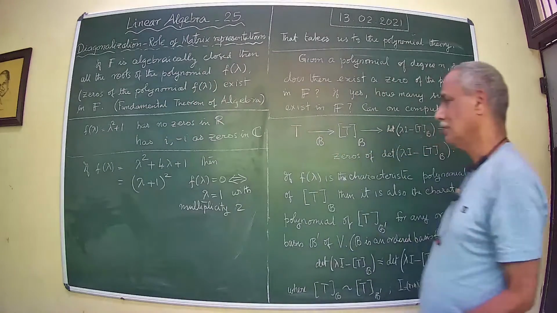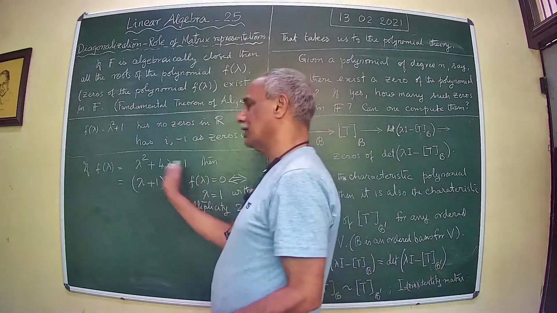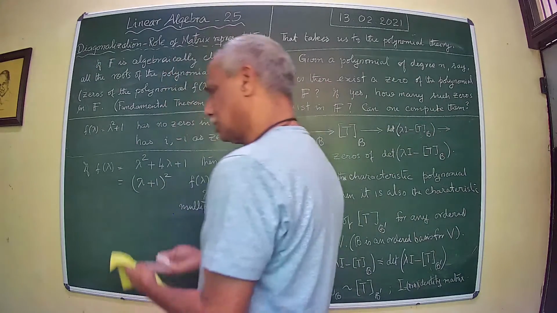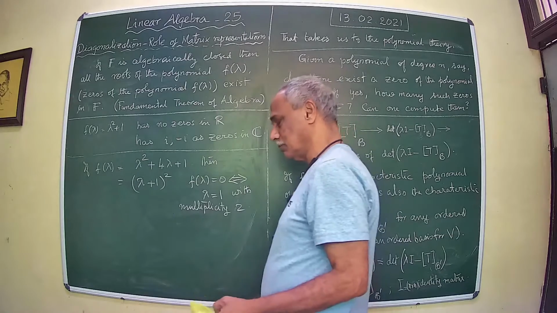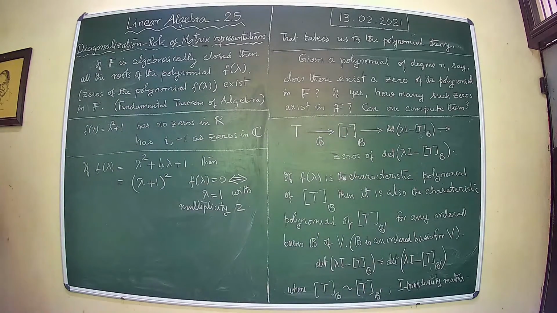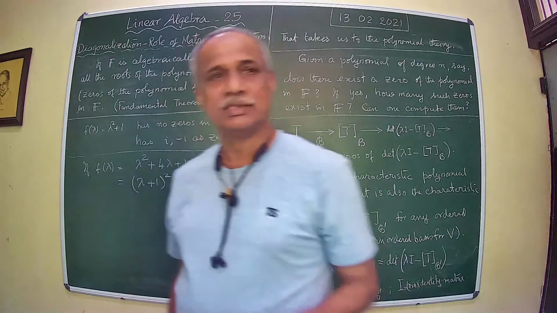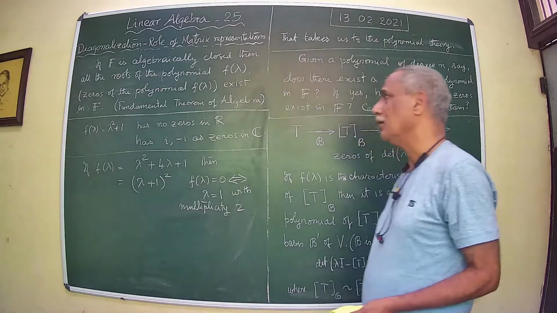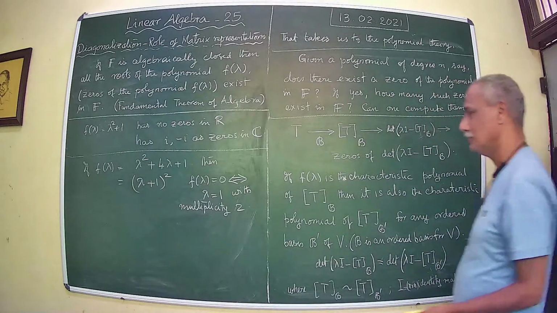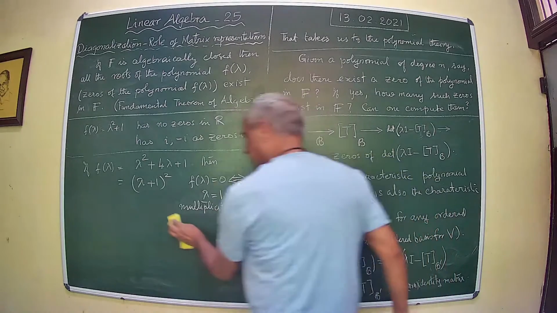So there are situations where all the roots are in the field. See, this cannot have more than 2 roots. That also comes from the fundamental theorem of algebra: it can have at most as many roots as the degree of the polynomial. Okay?